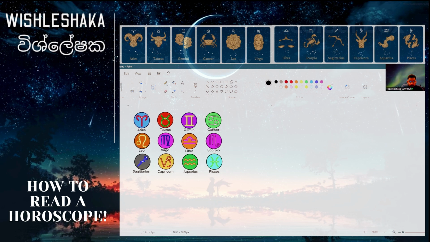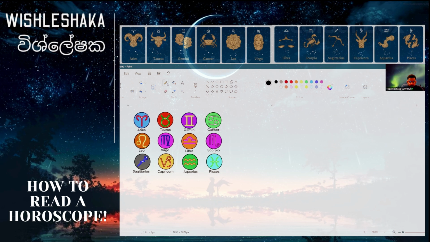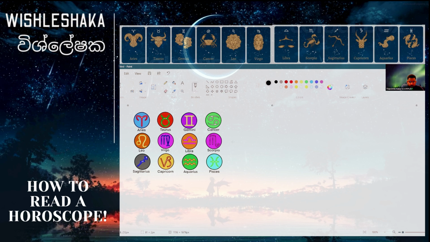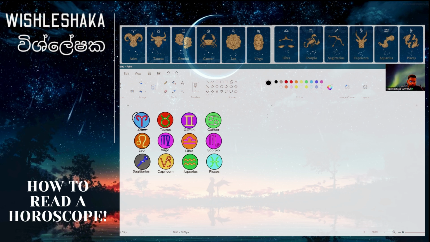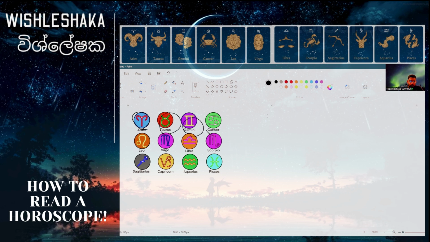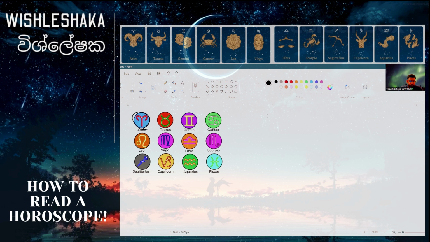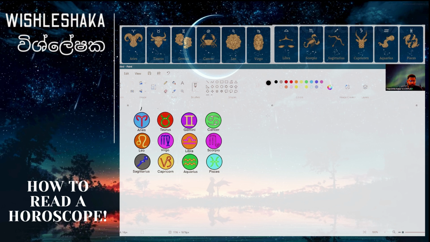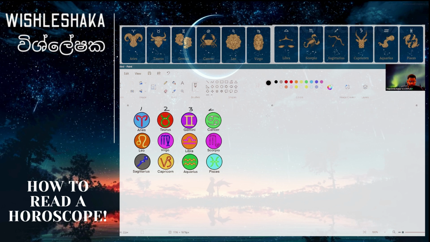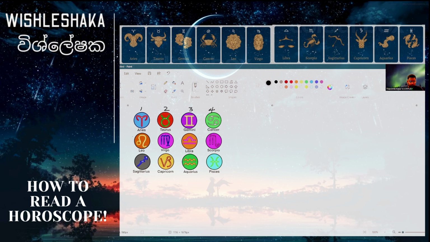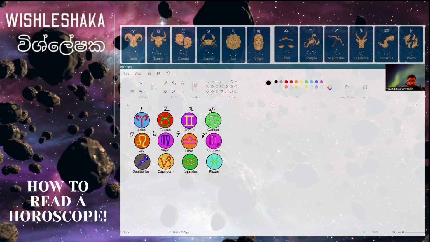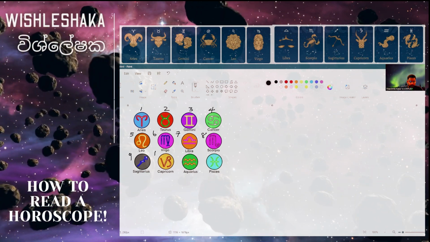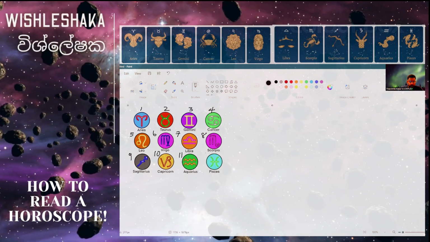Aries, Taurus, Gemini, Cancer. So this is actually in order. So let's write 1, 2, 3, 4. This is 5, 6, 7, 8, 9, 10, 11, 12.